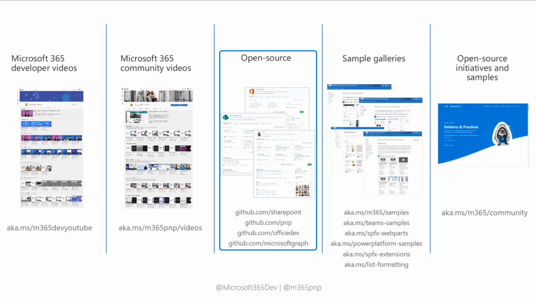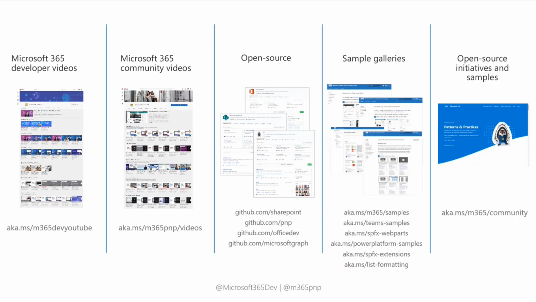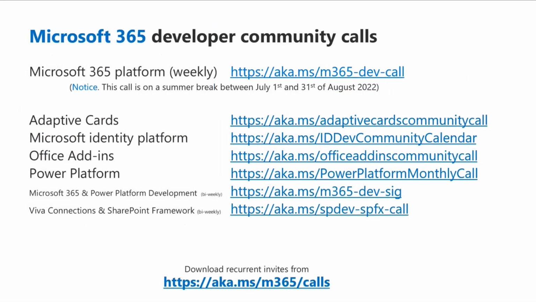We have open source initiatives like PnP .NET Core, SharePoint, CLI for Microsoft 365, a number of other initiatives, and we've got galleries aplenty, samples across our Microsoft 365 and Power Platform communities that include things like Teams samples, SPFx samples, Power Platform samples, list formatting, SPFx extensions, so many samples, but you only need to remember one location to get to all of these resources, and that is aka.ms/m365/community.